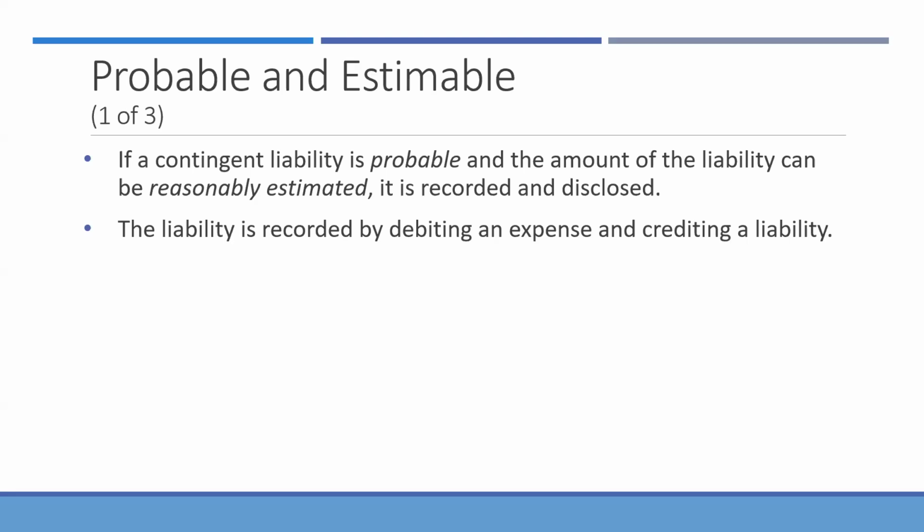People do it all the time. There are contractors who will remove the asbestos, so we have to record a liability. Assuming that it's a major thing, which it likely would be for a building, we would debit an expense, create a liability for the asbestos, and then we would disclose that in our financial statements. We estimate that this is what the asbestos is going to cost.